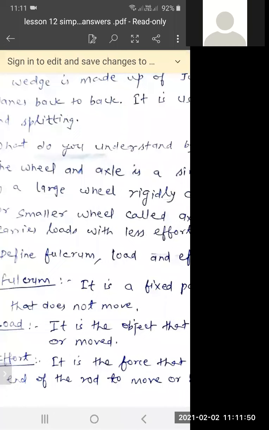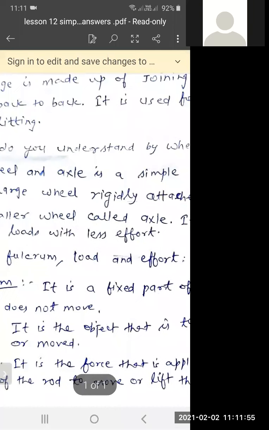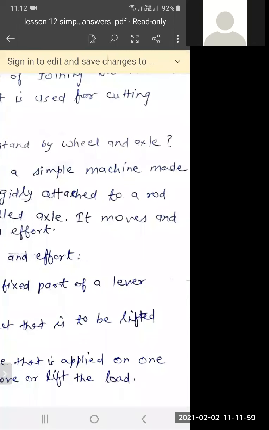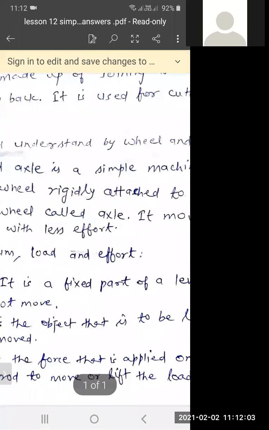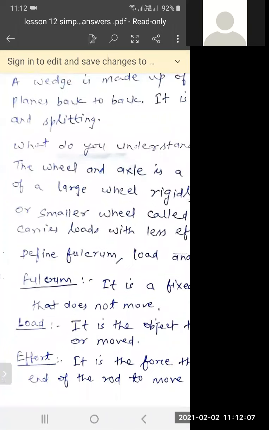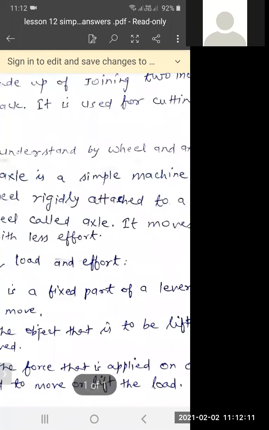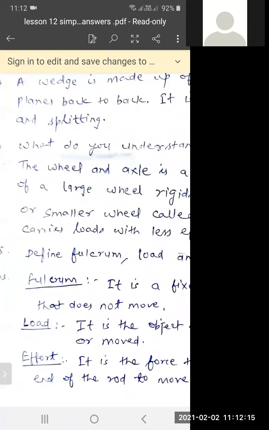Or smaller wheel called axle. We'll stop. It moves and carries loads with less effort.